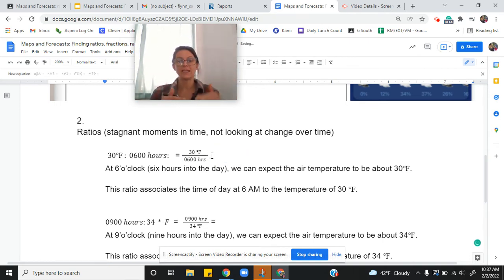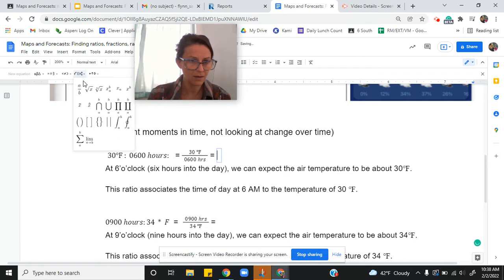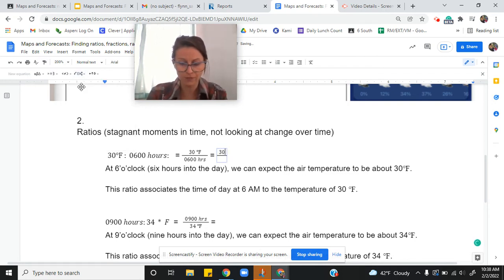So writing it this way, it helps us think about temperature per hour. A lot of times rates are formed per hour, per the time, how much time has passed and what's going on while that time passes. So if we took this as a fraction, it would turn into 30 divided by 6.